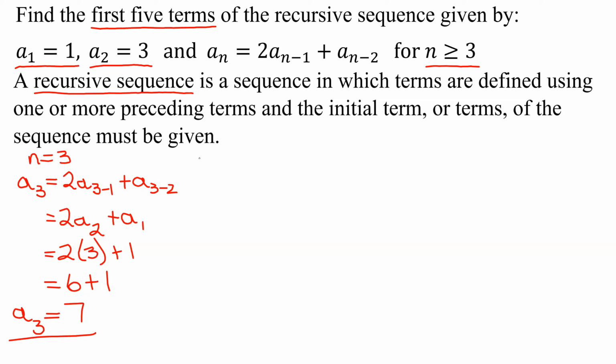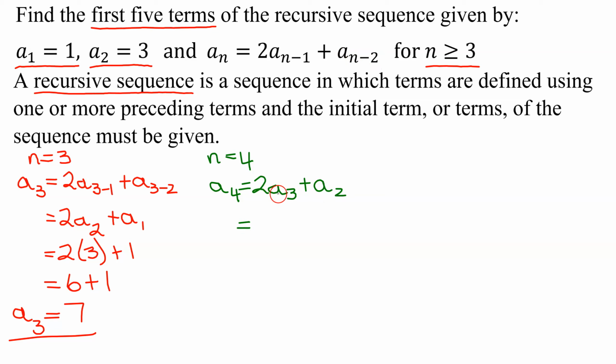So now moving along, let's figure out what happens when n equals 4. So the fourth term, a sub 4, equals 2 times, I'm not going to write so many steps this time, a sub 4 minus 1, that's a sub 3, plus a sub 4 minus 2, which is a sub 2.